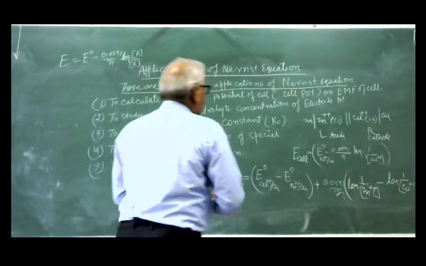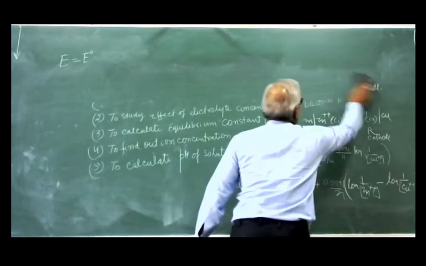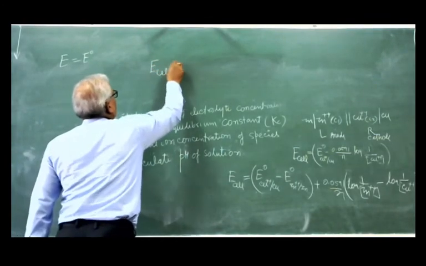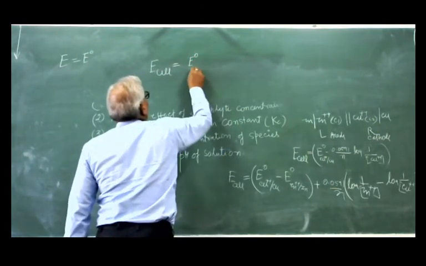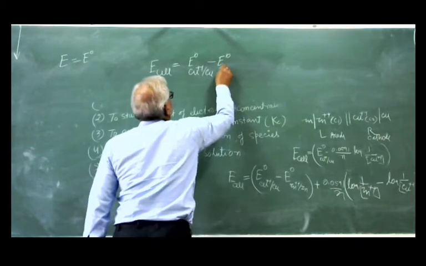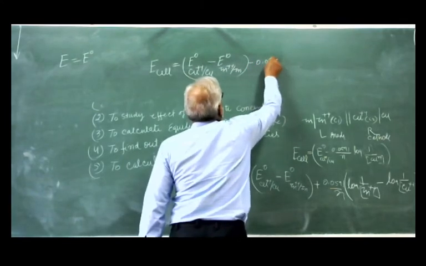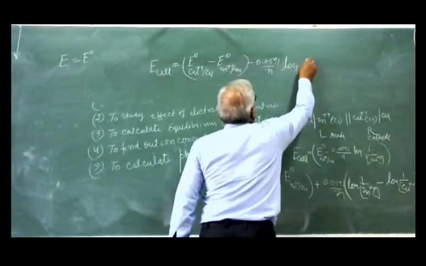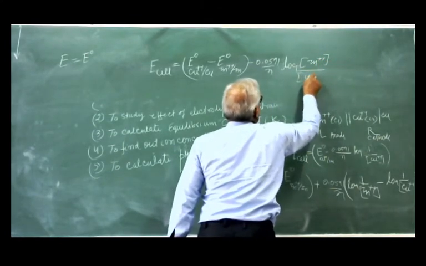You can also write it: EMF of the cell is equal to E0 copper ion to copper minus E0 zinc ion to zinc minus 0.0591 upon n log concentration of zinc ion divided by concentration of the copper ion.